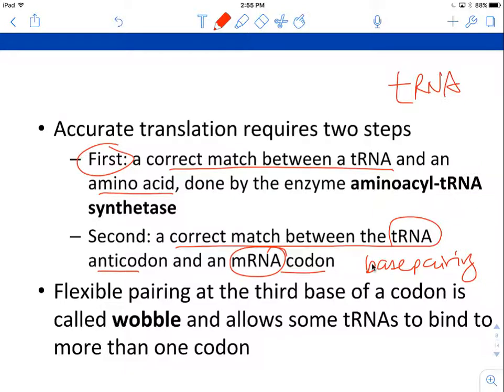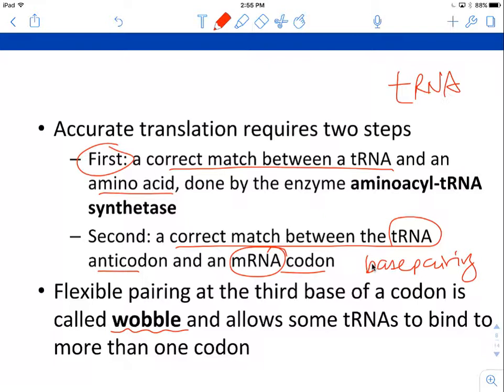Now remember we talked about that third base and how some of the amino acids have 4 codons or 6 codons, so that third base doesn't really matter. How it fits into protein synthesis is that the third base exhibits something called wobble.